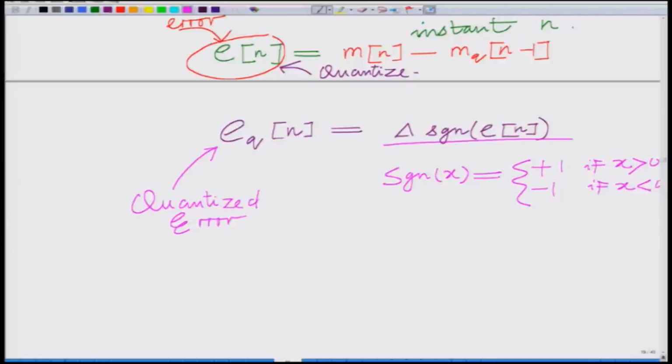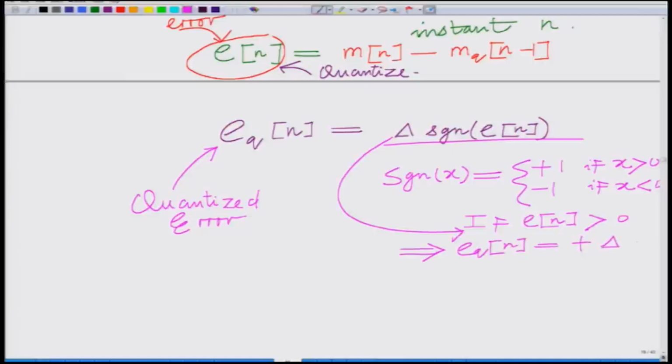So, if E[n] greater than 0, then EQ[n] equals plus delta.